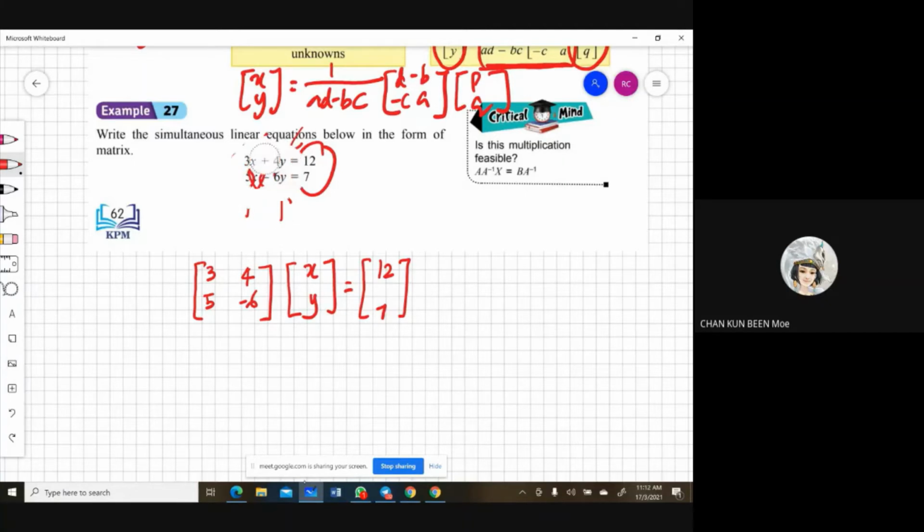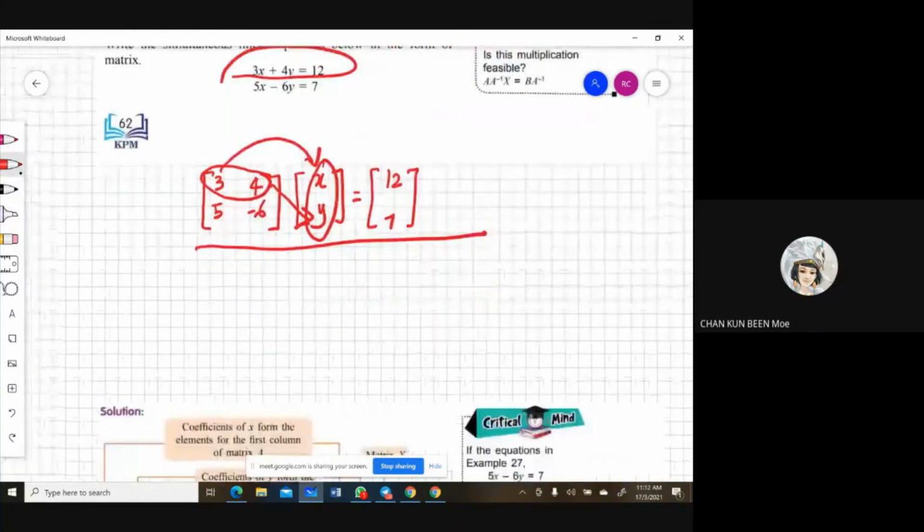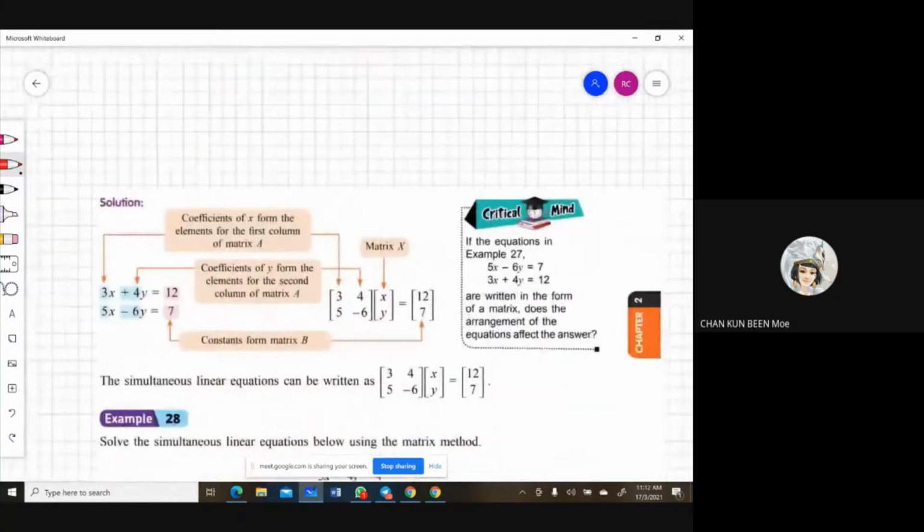So you can check again one more time here. For example, we multiply the first row with it. It becomes 3x plus 4y. So we get this is equal to 12. So they are the same. Okay, therefore we have formed the simultaneous linear equation in the form of matrix. This is the answer.